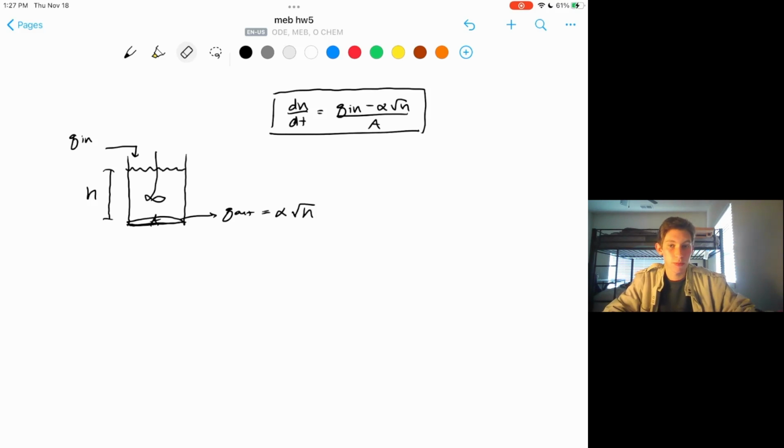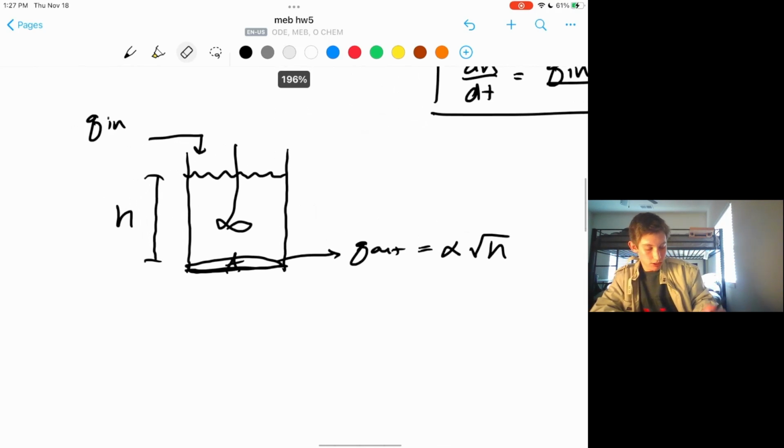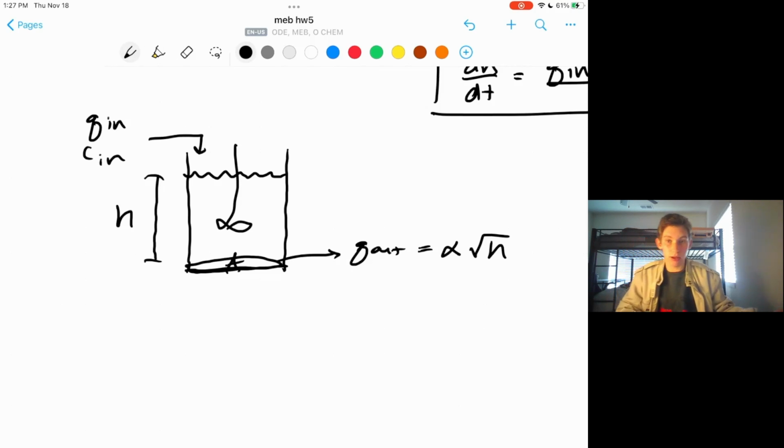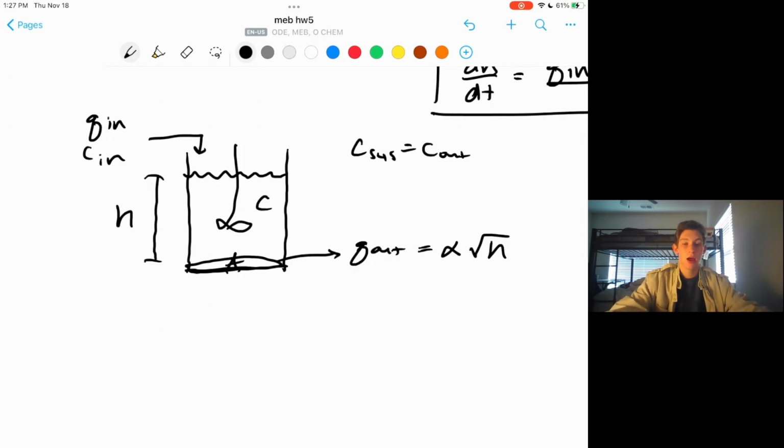So unlike before, when we were looking at temperature, there's going to be a specific concentration going in, and then there's the concentration inside of the reactor. However, the stir is ensuring that the concentration inside of the system will equal the concentration going out. So that's just something to keep in mind in this situation.